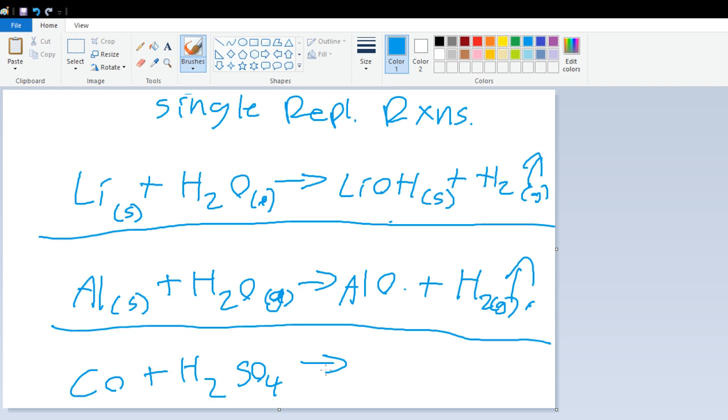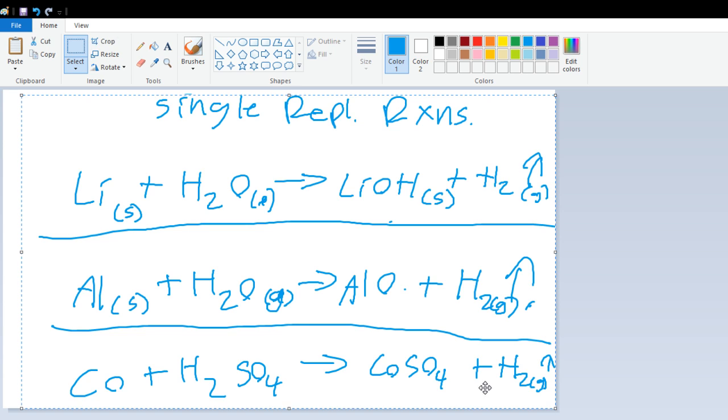It'll displace that acid to create whatever compound that may be, and hydrogen gas. The equation on the bottom may not be actually accurate, but that should be an accurate representation of what it does in that situation. So that should be everything from single replacement reactions.